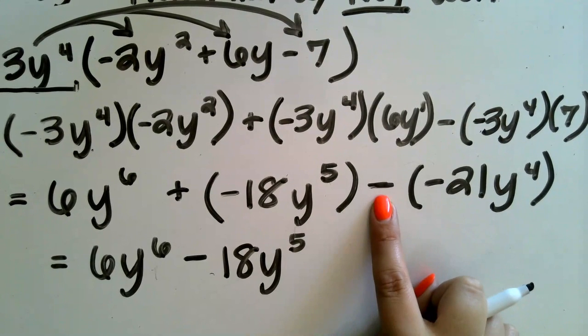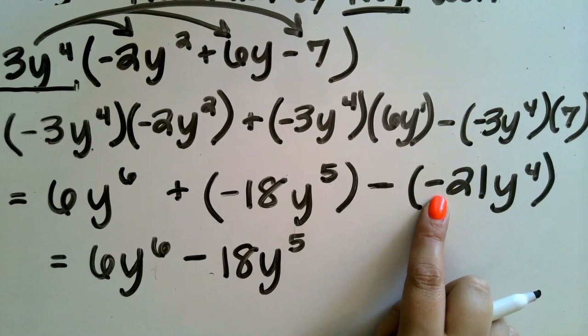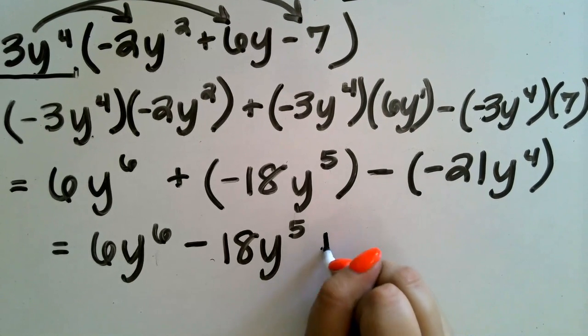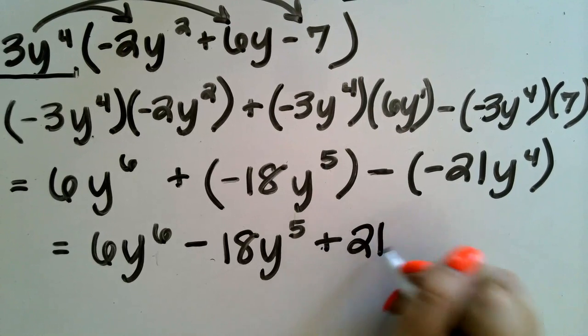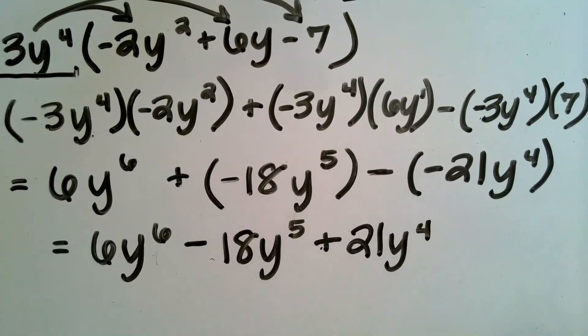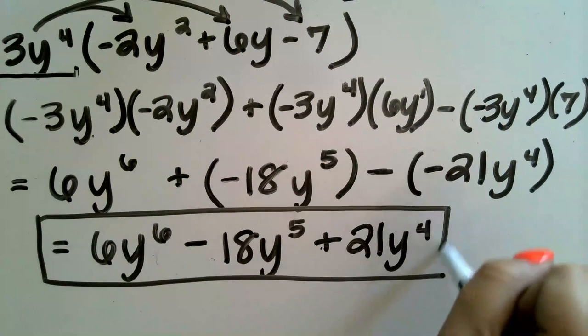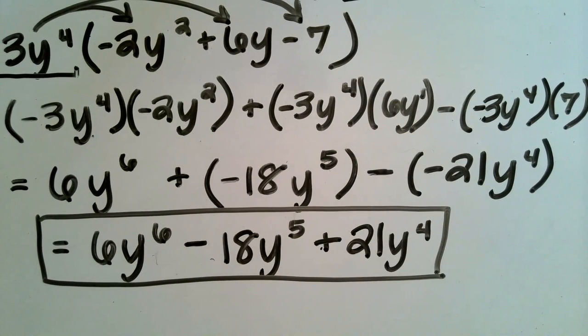And then finally, we are subtracting a negative 21y to the fourth. We know minus a negative becomes a positive 21y to the fourth. And congrats, we have multiplied that monomial with that negative coefficient by that univariate polynomial.